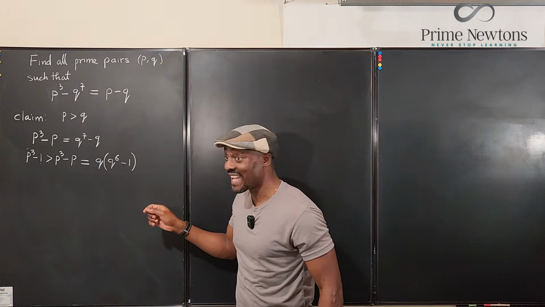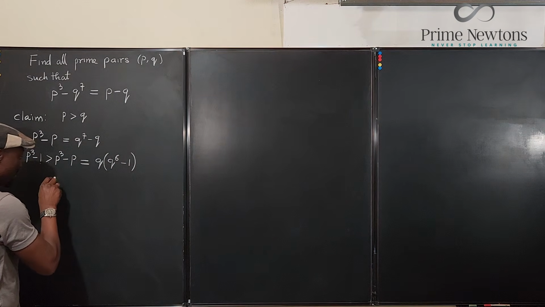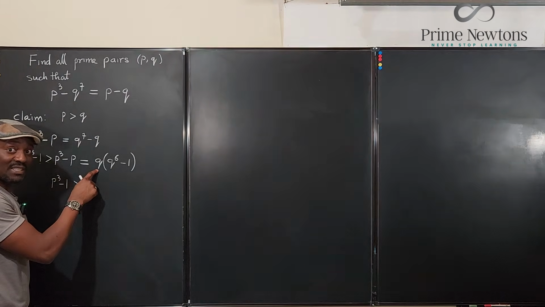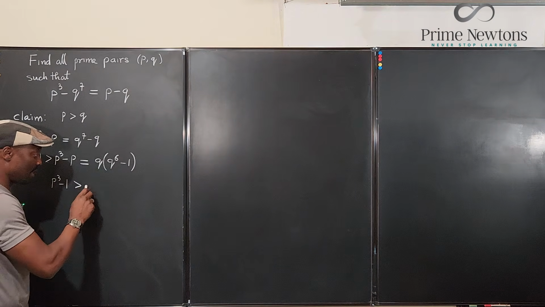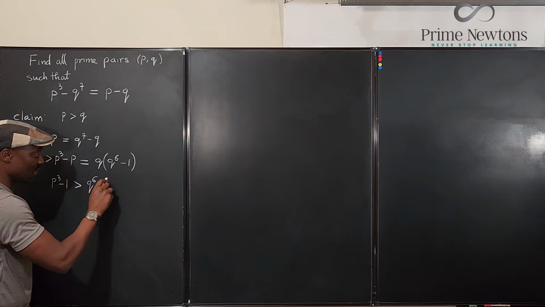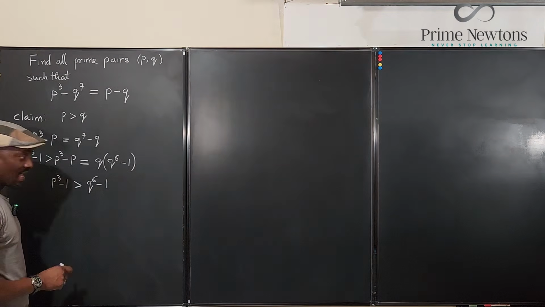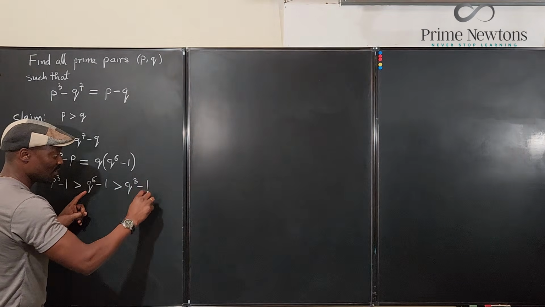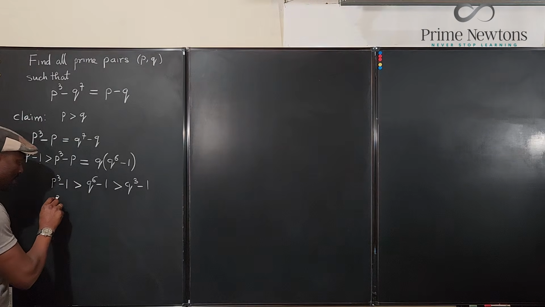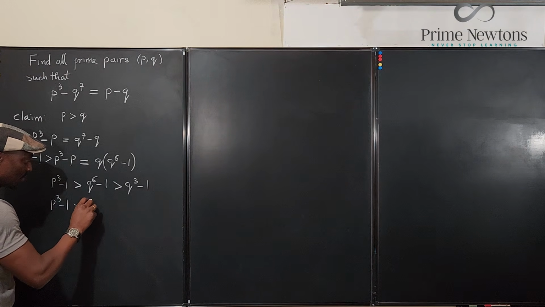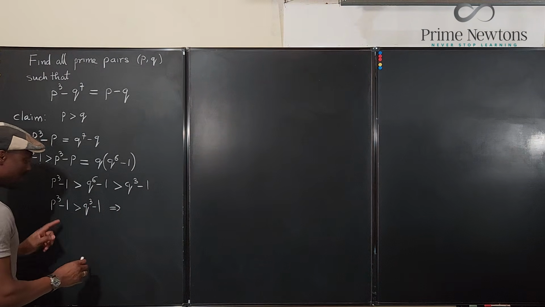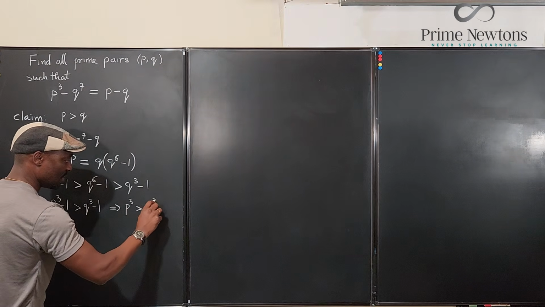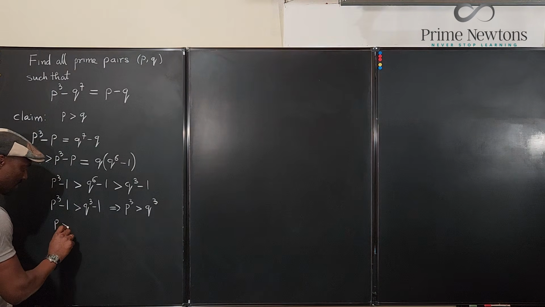In fact, we can claim that P cubed minus 1 is greater than, if we drop this integer, remember this is a prime number, so it's more than 1. If we drop it, we can clearly see that Q to the sixth minus 1 has to be smaller than this. And we know that Q to the sixth minus 1 is even greater than Q cubed minus 1. So P cubed minus 1 is greater than Q cubed minus 1, which implies that P cubed is greater than Q cubed, which means that P is greater than Q.